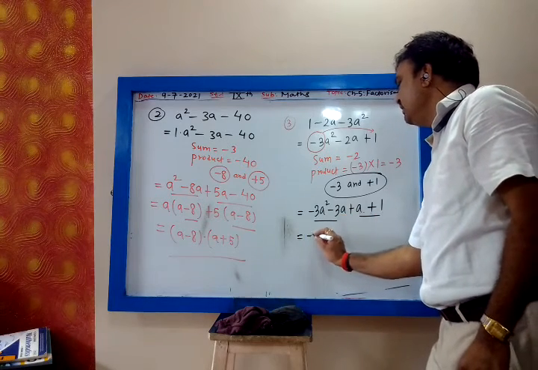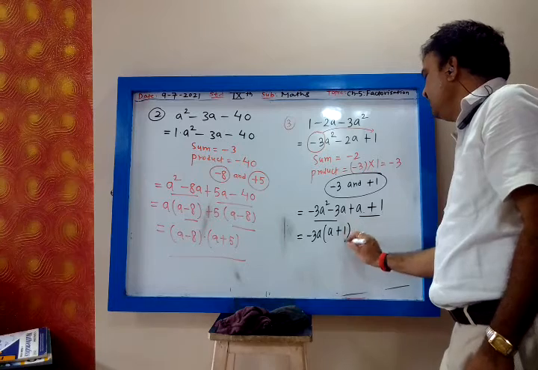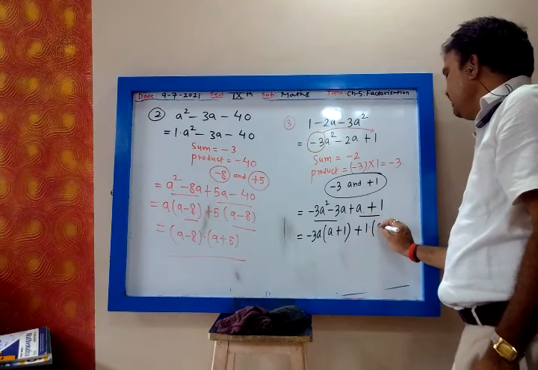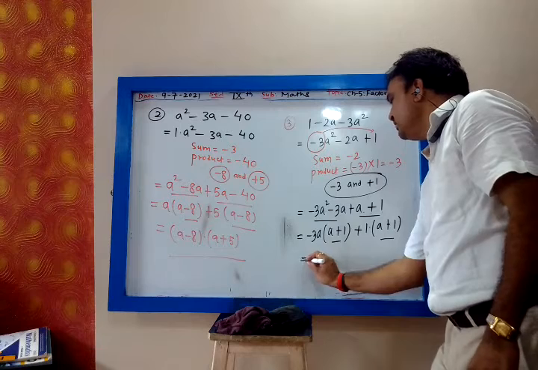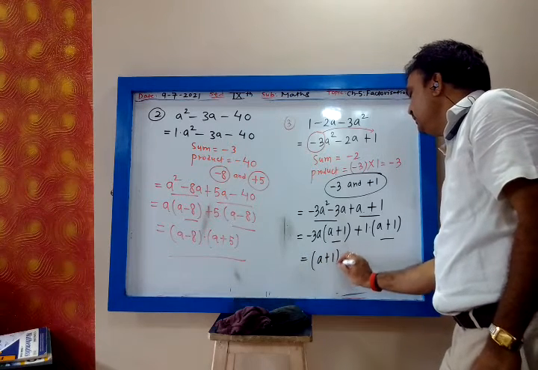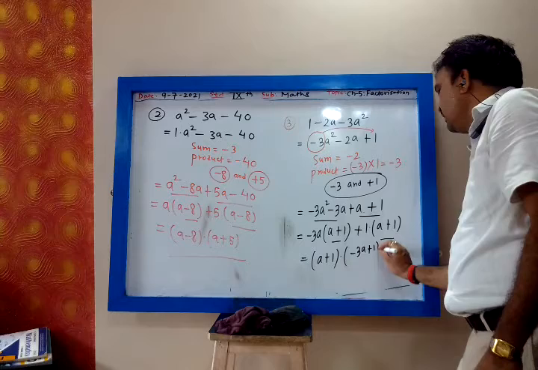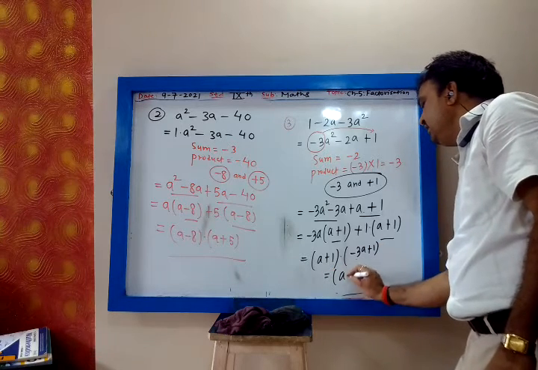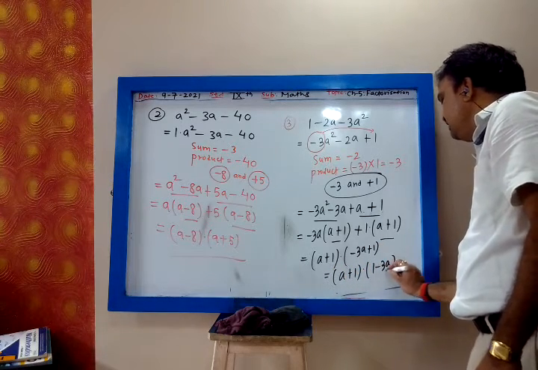Minus 3 is common, then it is a plus 1 into a plus 1. A plus 1 is common. So what is left? A plus 1 into minus 3a plus 1. This you can write as a plus 1 into 1 minus 3a.